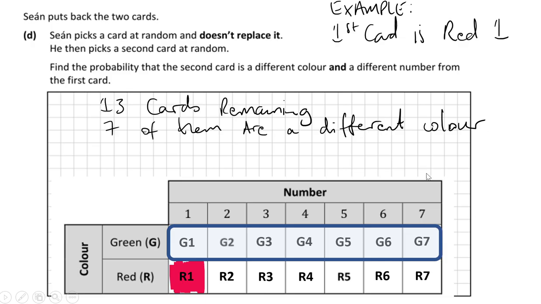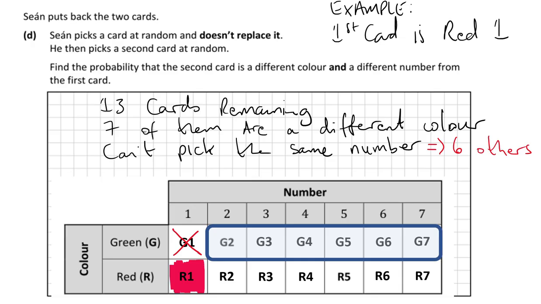But what is the probability of picking a card that is not the same number? Can't pick the same number, so that means you've only 6 left to choose from. So 6 chances for your second card, because 1 has already gone: 6 out of 13.